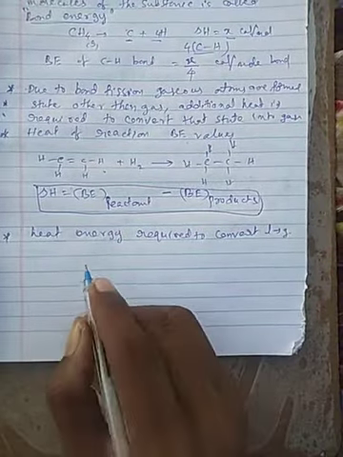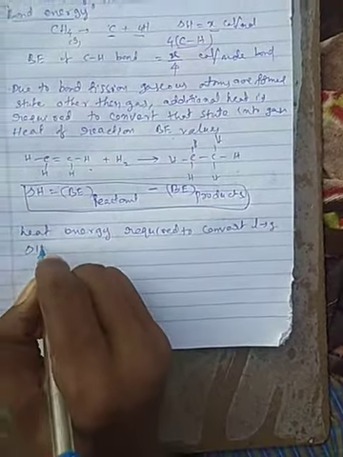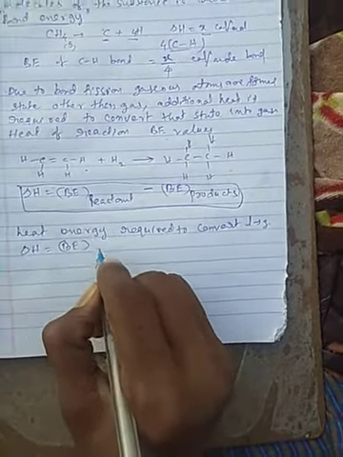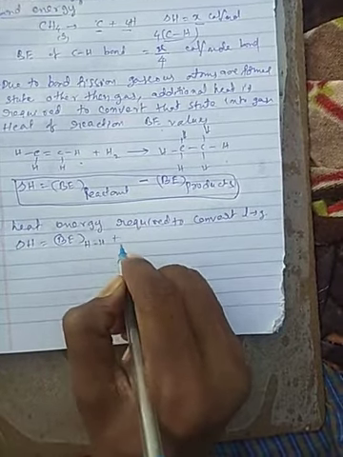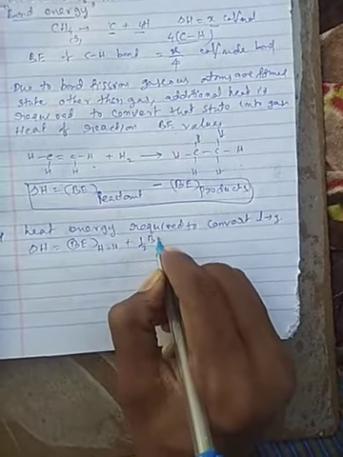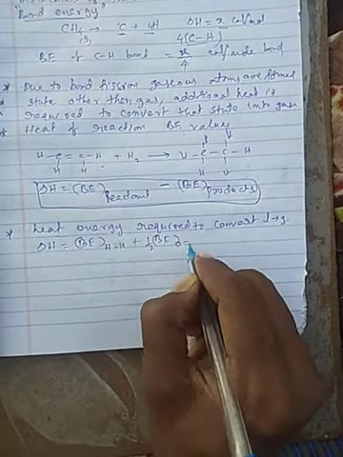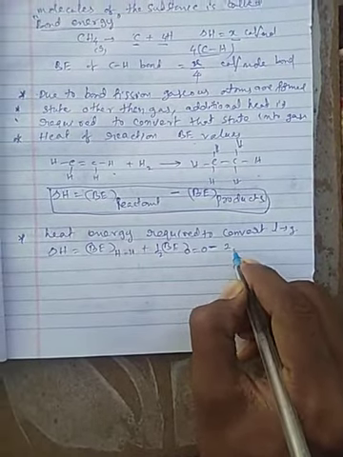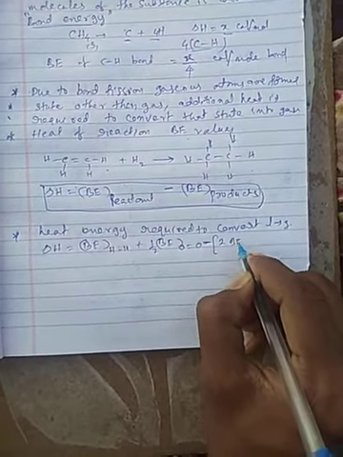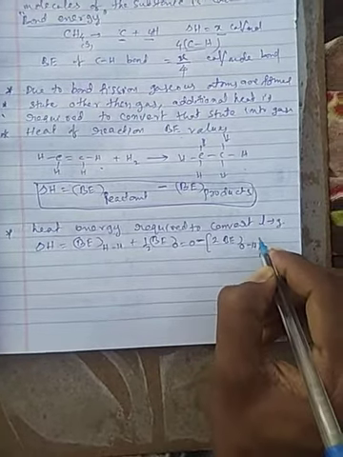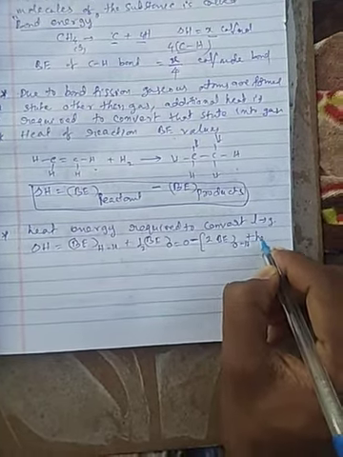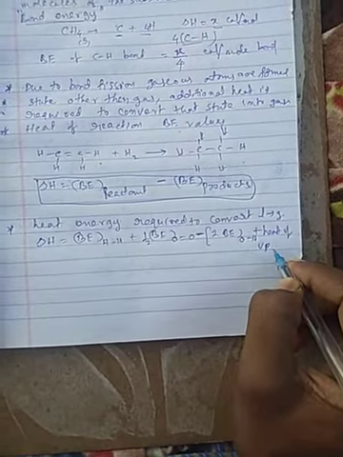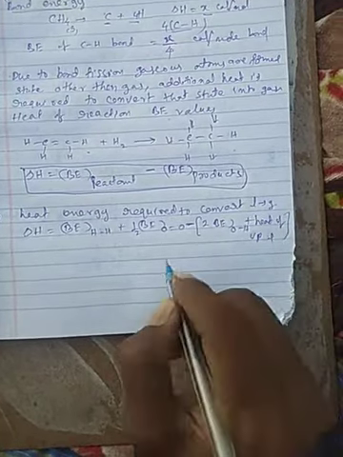In this case, we can write the bond enthalpy as the bond energy of the H-H bond plus 1 by 2 bond energy of oxygen double bond, minus 2 into bond energy of the O-H bond, plus the heat of vaporization of liquid, which is also added.